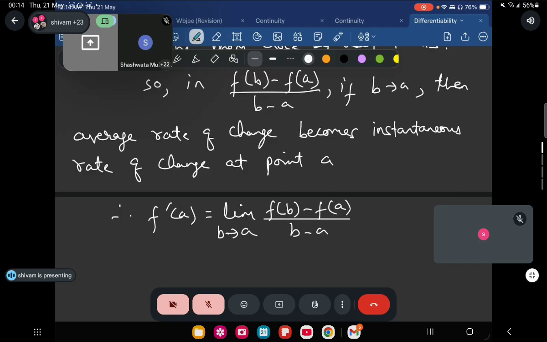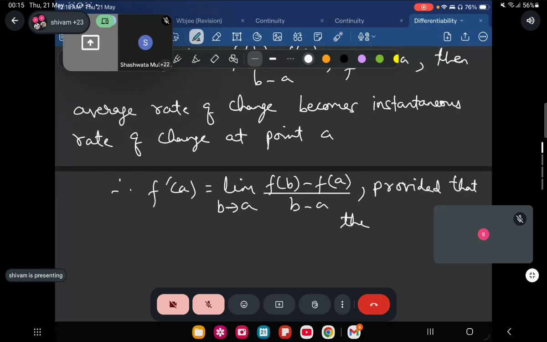If you are unable to understand, let me know, provided that the limit exists at x equal to a. Okay.